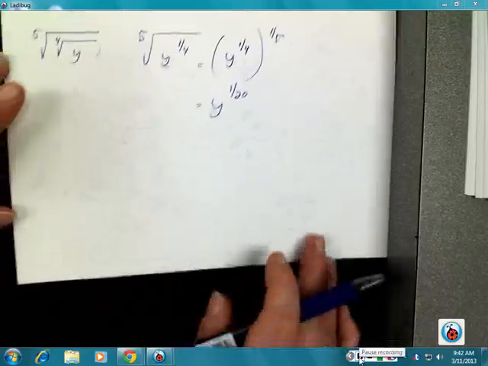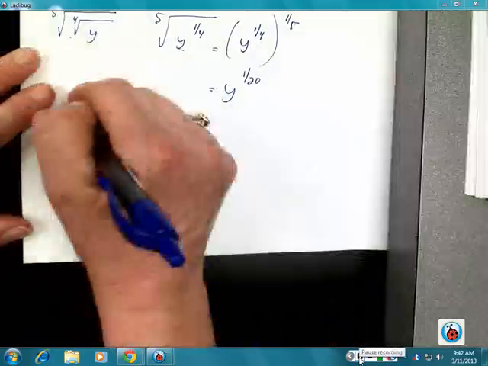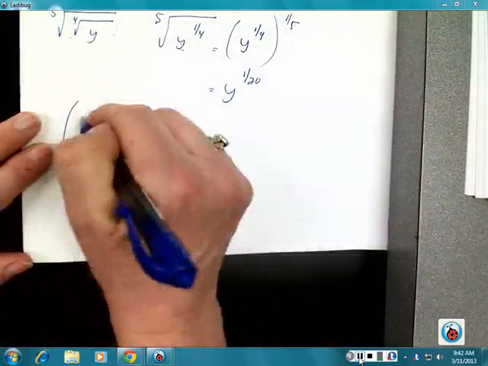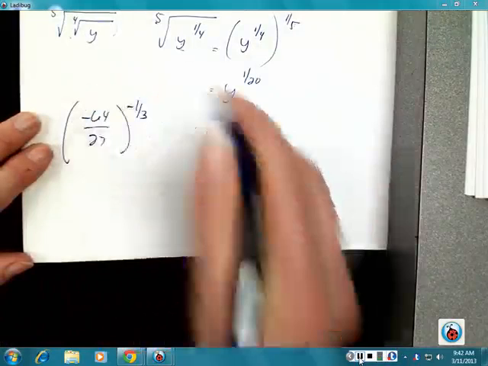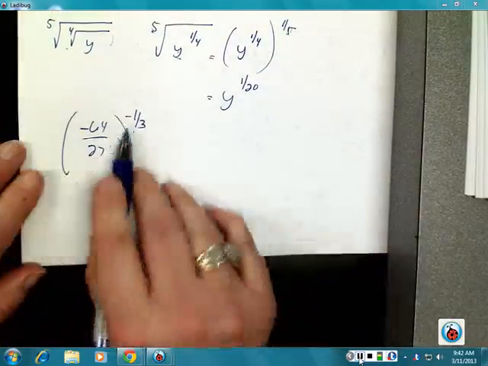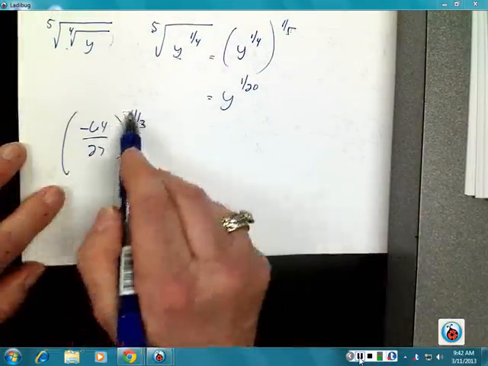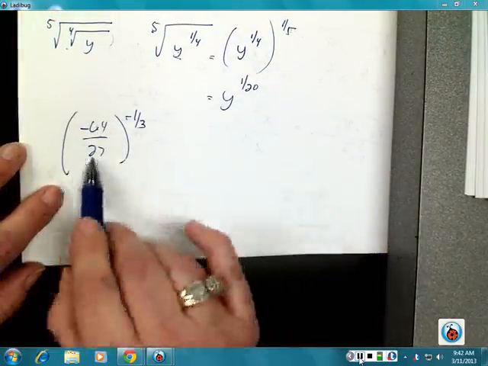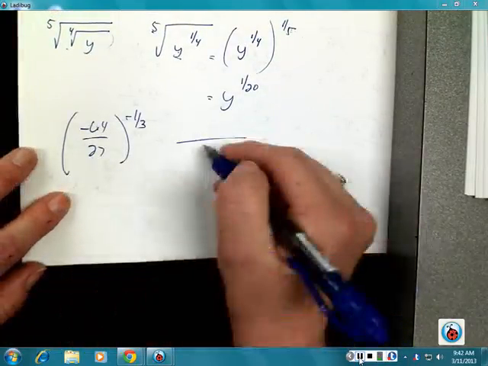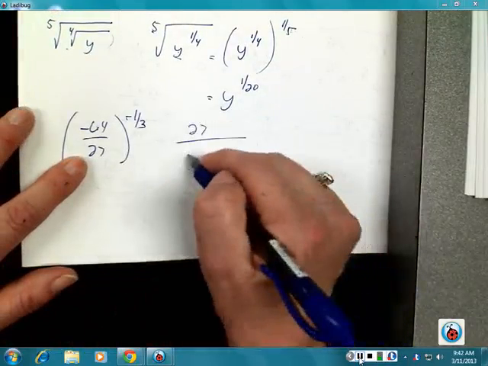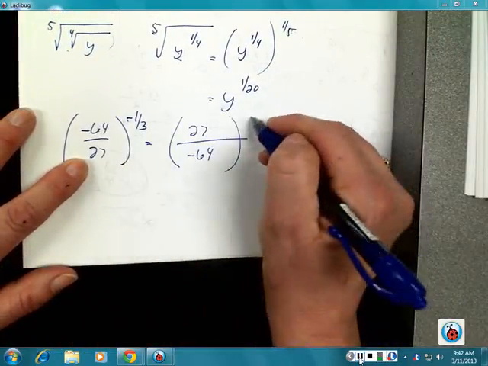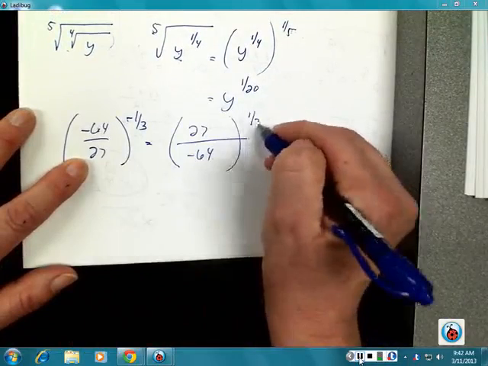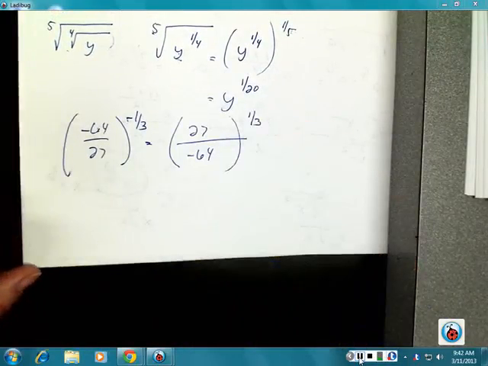One I did miss on this is when you have a negative fraction on the outside. What does the negative fraction on the outside mean? Well, the negative here means we take the reciprocal of what we have inside of here. So that means I need to take 27 on top, negative 64 on the bottom, and then put the 1/3 and make it positive on the outside.